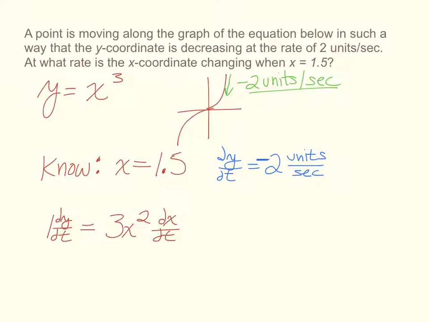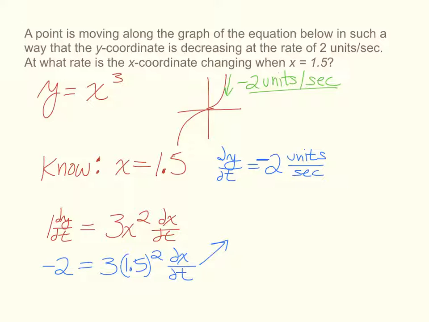And then we can solve for what we are trying to find, which is the rate the x-coordinate is changing, which would be dx/dt. So substituting in our numbers, we have negative 2 on the left for dy/dt equals 3 times 1.5 squared for x, times dx/dt.